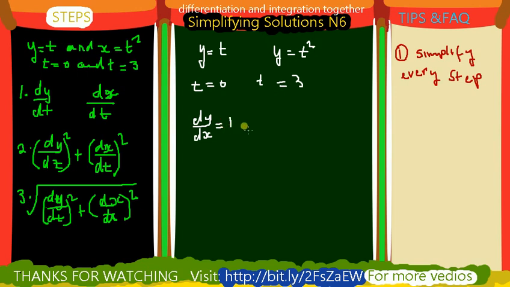I have 1, this is x, my mistake, and this is t.